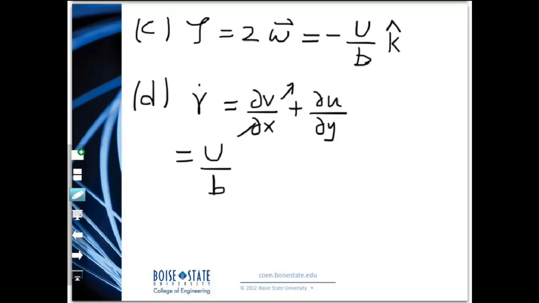So you see that all you have to do here is to know the definitions for the volumetric dilatation rate, the rotation vector, how you get that, which is nothing but del cross V, and the vorticity, which is nothing but 2 times the rotation vector, and the rate of angular deformation, which we just determined. Okay, now let's look at the next problem.